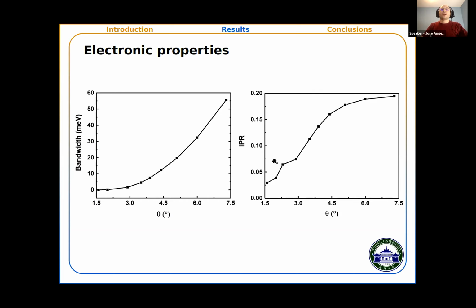And finally, we can also calculate the inverse participation ratio, that basically tells us how much the system is concentrating. And this is good because experimentalists usually do STM measurements and can see how much the states are localized.